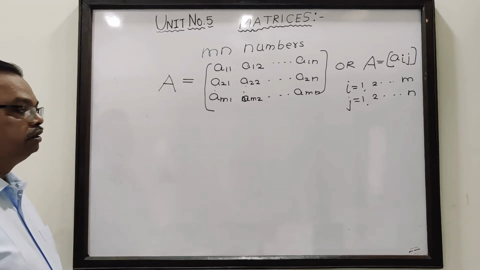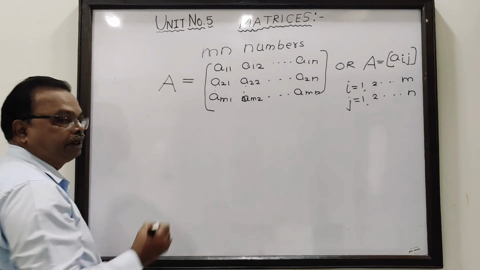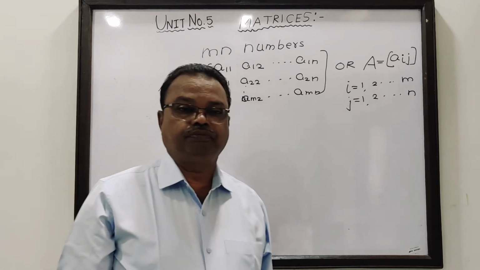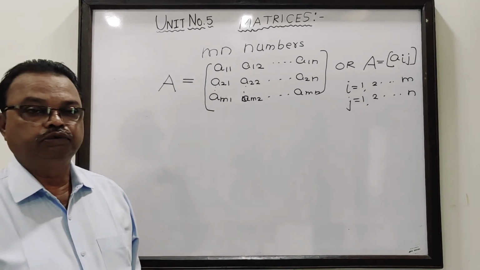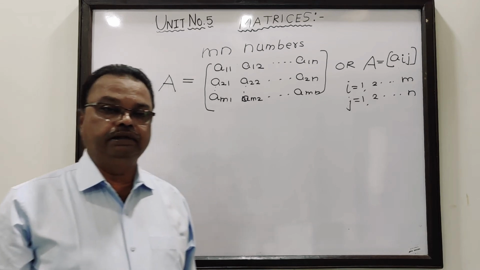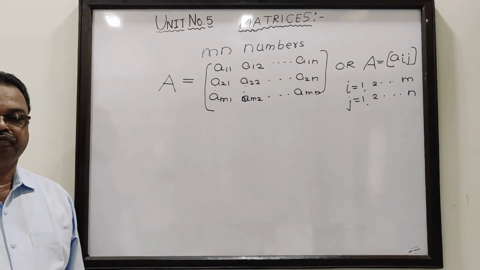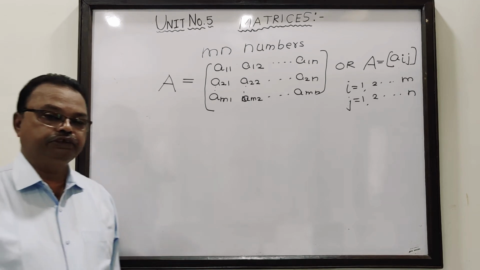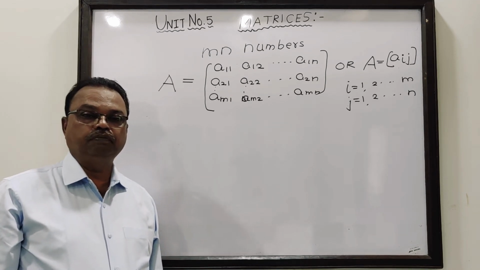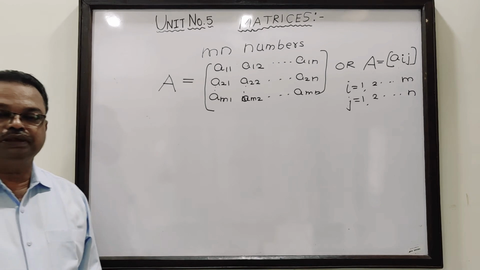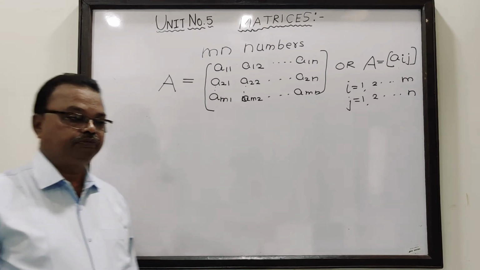First of all, real matrix or complex matrix. A matrix whose all elements are real numbers is called a real matrix. And a matrix whose all elements are complex numbers is called a complex matrix.